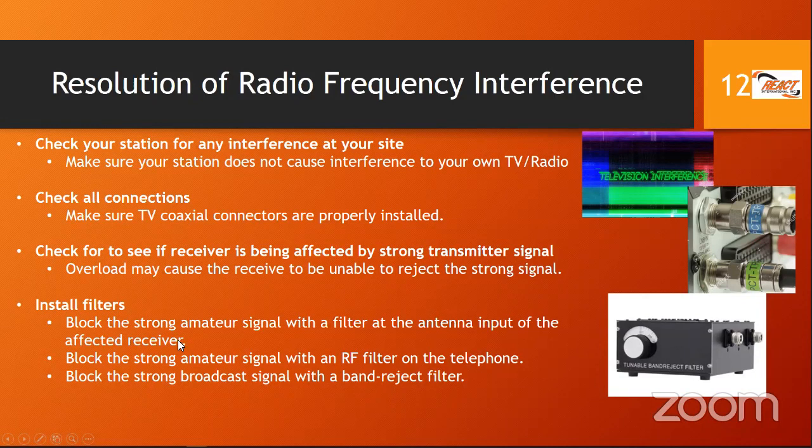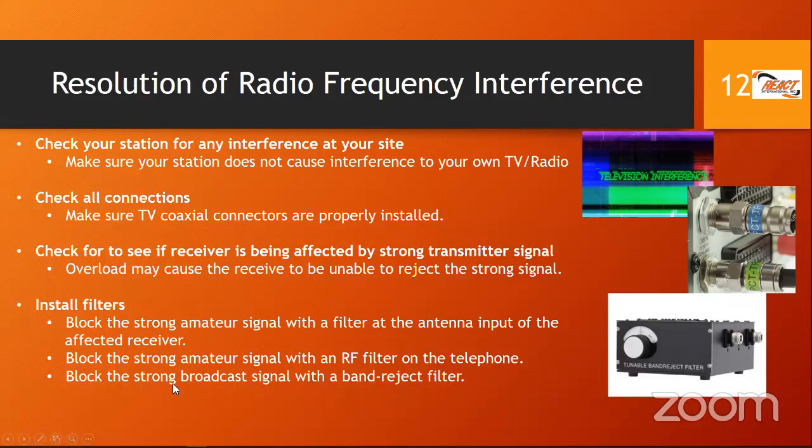So if it's a radio or television, you can get filters and put them at the back of the television, for instance, to reduce those signals. You can also block the strong amateur signal with an RF filter on the telephone if it is telephone interference that you're getting. You're on the phone and you're hearing the amateur radio transmission. There are filters that you can apply to the telephone.